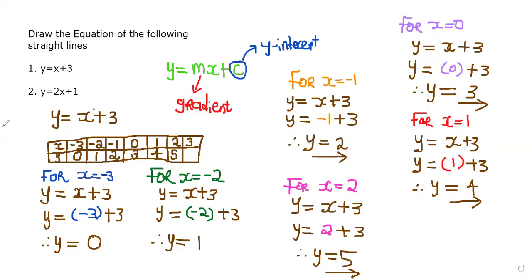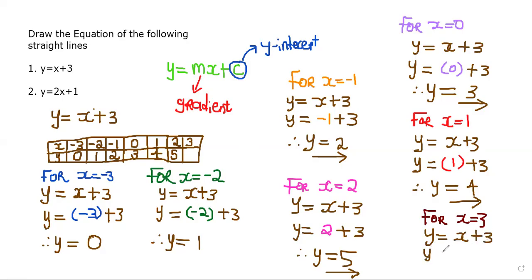Then lastly, we are now left with what? The last one being x is equal to 3. Even for this one, for x is equal to 3, it's a matter of using the equation that you all know. y is equal to, remember to write the equation first, and then you substitute, x plus 3.